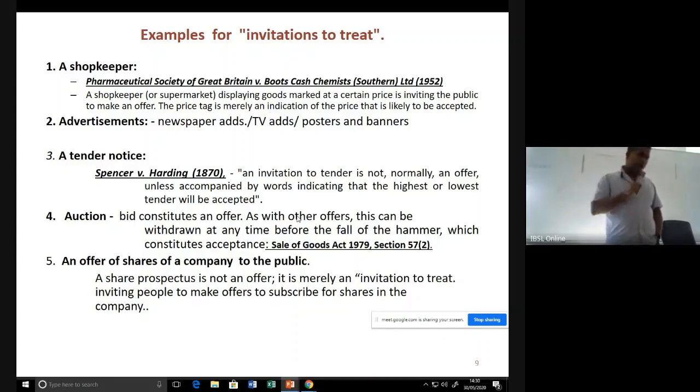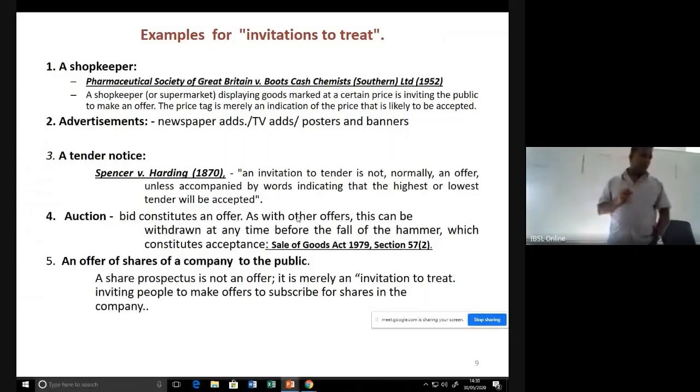So remember, the advertisement, newspaper advertisement, TV advertisement, internet advertisement, whatever, the advertisement is not an offer. Advertisement is invitation to trade or invitation for offers.